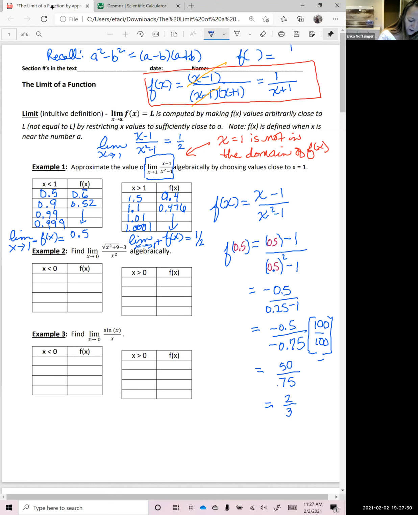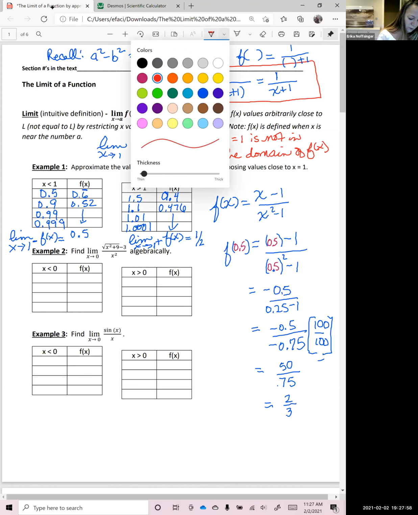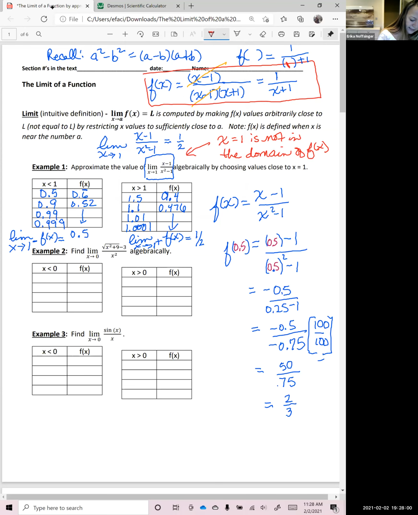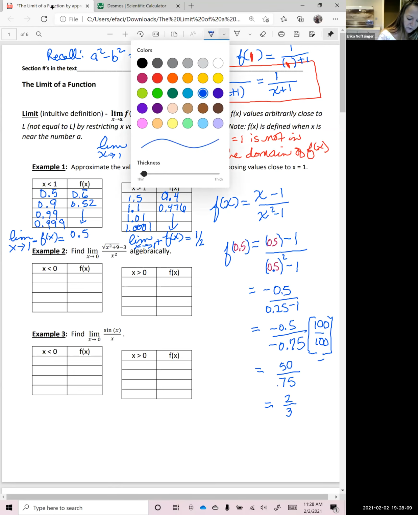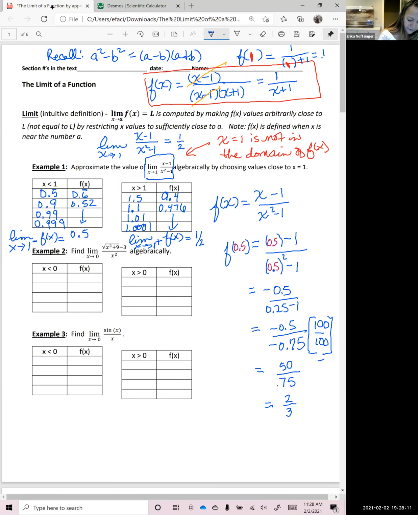So we have 1 all over, see an x there, put parentheses, plus 1. And so notice when we plug in 1 there for x in the simplified form, we get 1 over 1 plus 1, which is 2, which is 1/2. This is the same limit that we got when we looked at what was happening on the left and the right of this function.